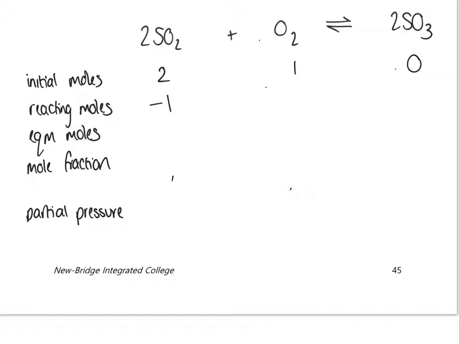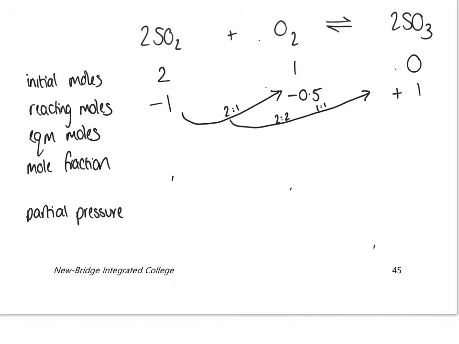Then I use my ratio to get the other reacting moles. The ratio to oxygen is 2 to 1, so that means it's -0.5. The ratio to sulfur trioxide is 2 to 2, or 1 to 1, so it's +1 because we're producing sulfur trioxide.